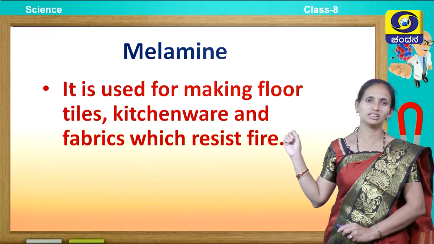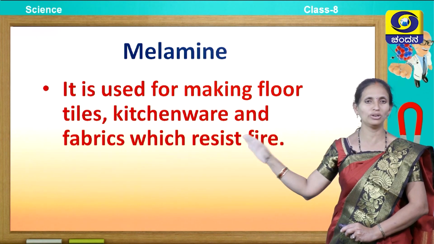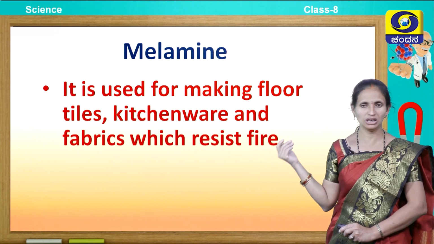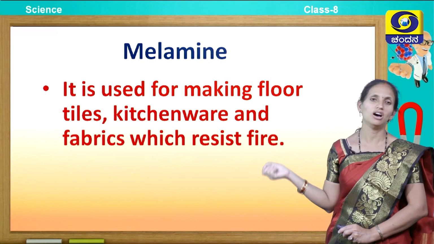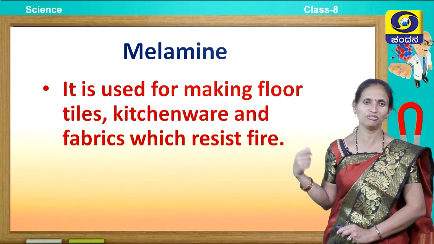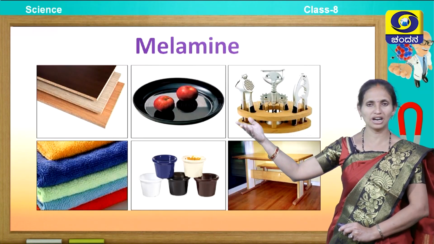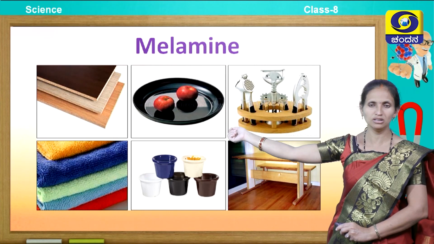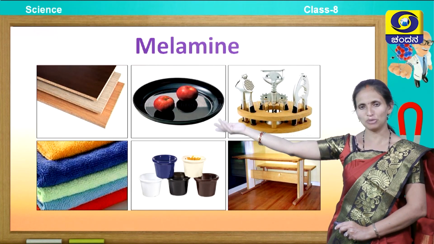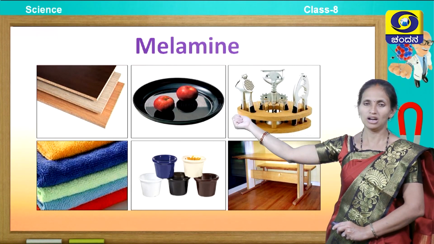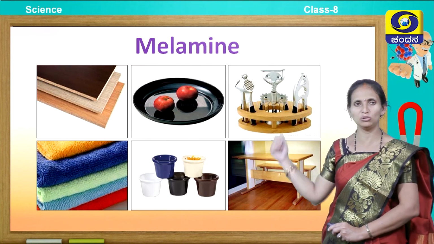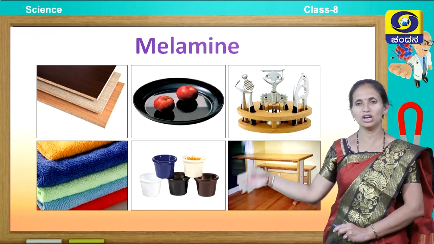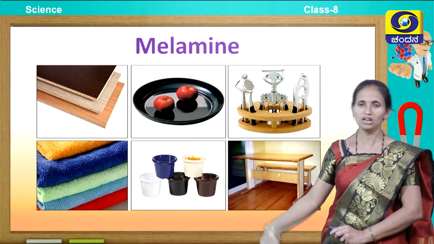Melamine is generally used for making floor tiles. It is also used in kitchenware and fabrics which resist fire. You can see here the tiles and kitchenware made of melamine, and also some fabrics. These are some of the uses of melamine in our day to day activities.